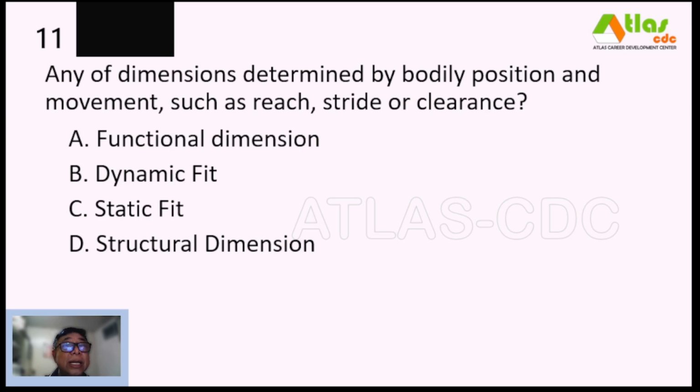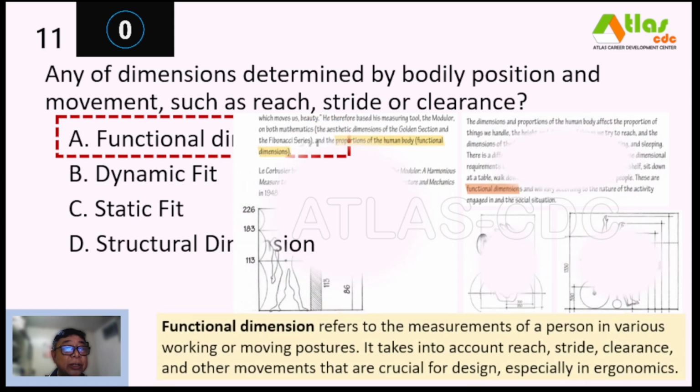Number 11. Any of dimensions determined by bodily position and movement such as reach, stride, or clearance. A. Functional dimension, B. Dynamic fit, C. Static fit, and D. Structural dimension. And our correct answer is letter A, functional dimension.